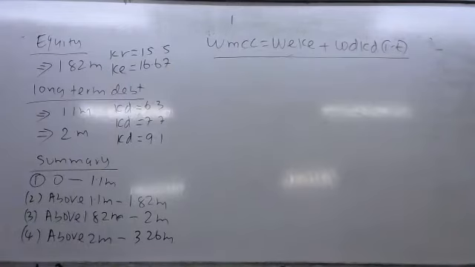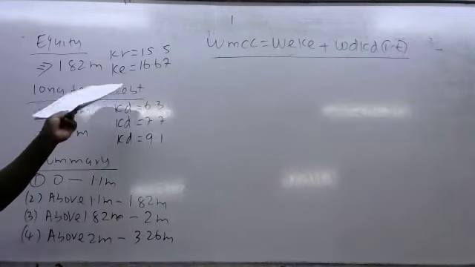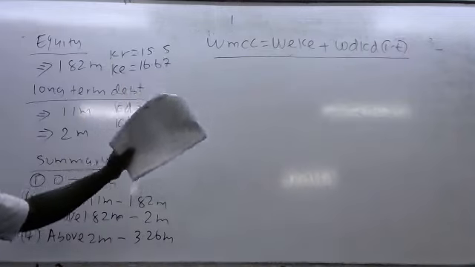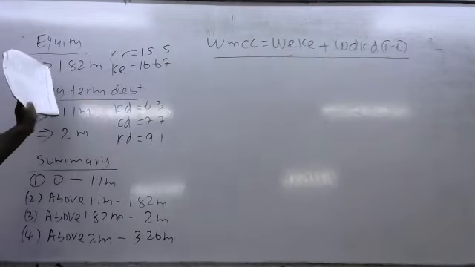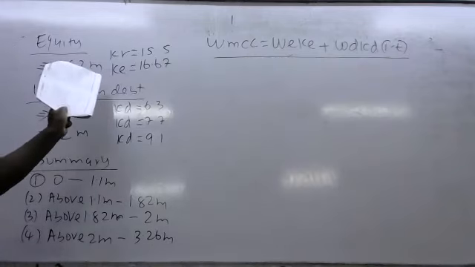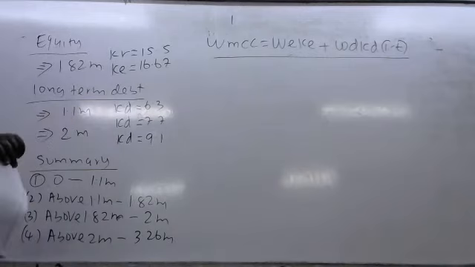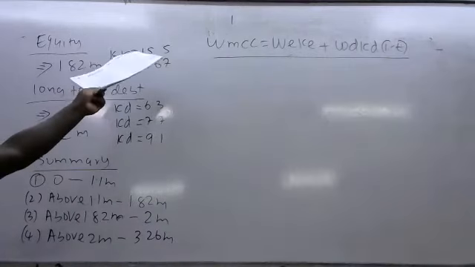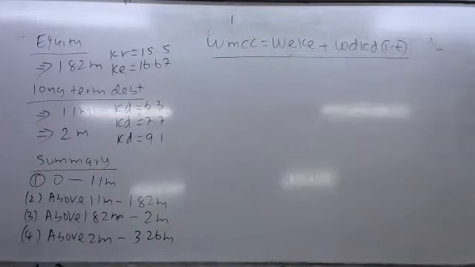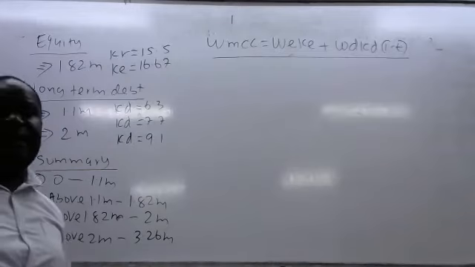Under equity, anything to do with 1.82 million and below, you will be using the retained earnings, because that breakpoint was for the retained earnings.